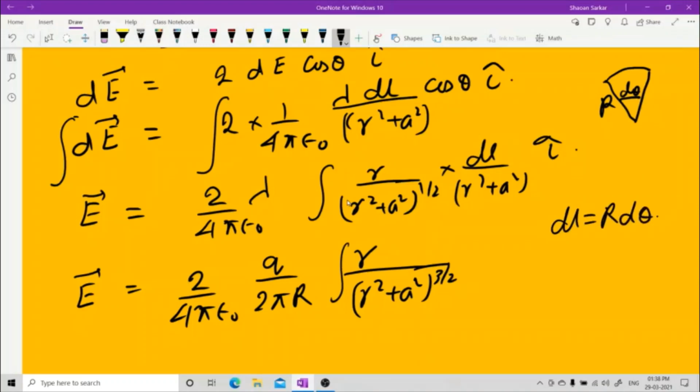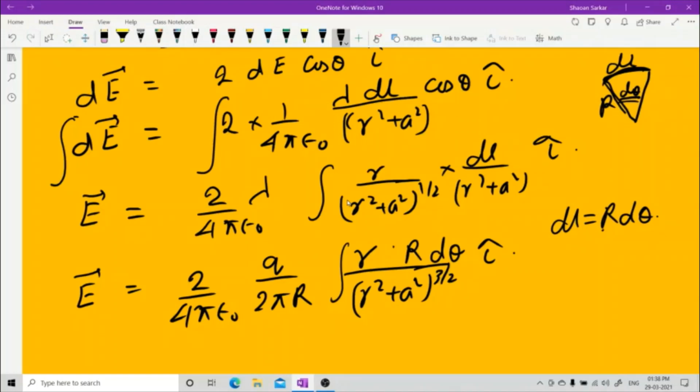The radius is fixed. This is your dl, this is your R d theta, so it will become R d theta i cap. Now the integration is for the whole ring.